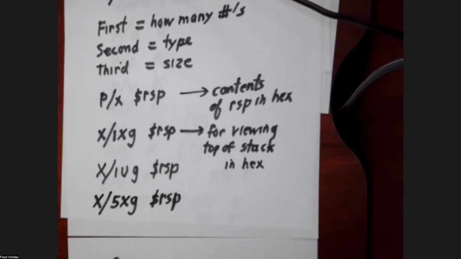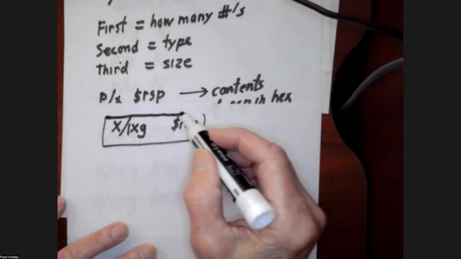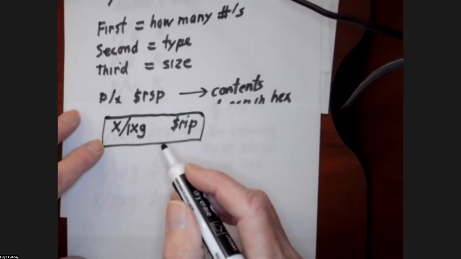Let's see. How about X slash, I want to use RIP. Let's look at the quad words stored at RIP. That would be 1 X G, with a single space in the middle.